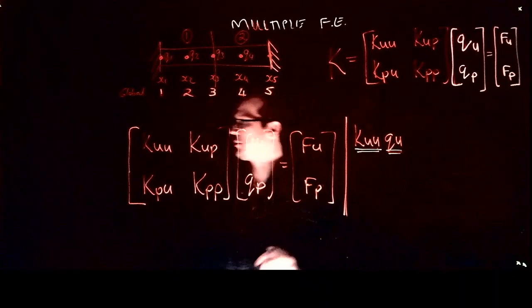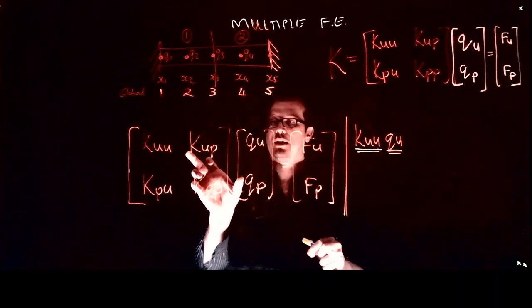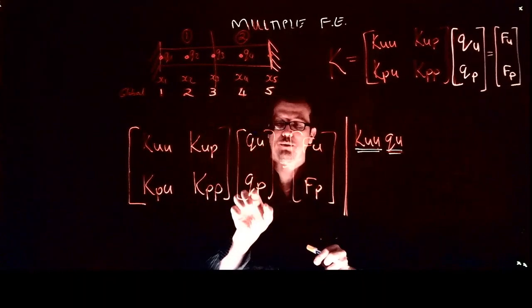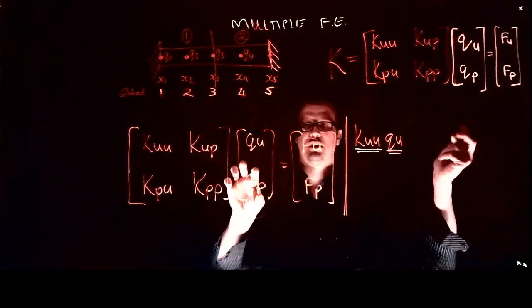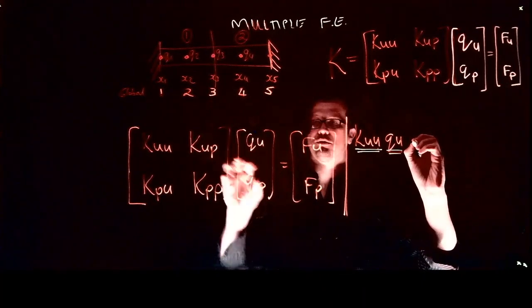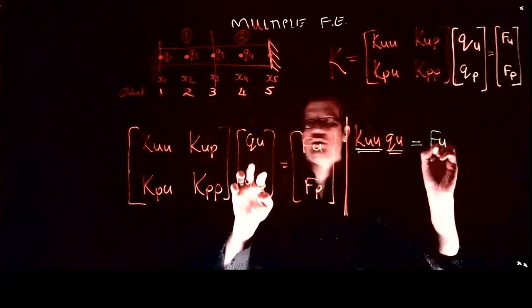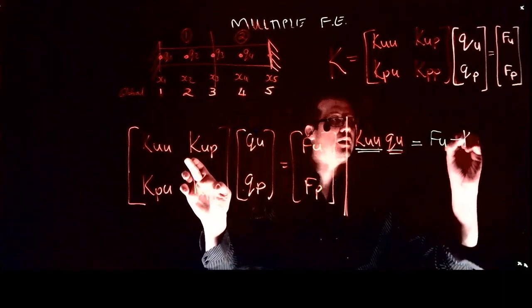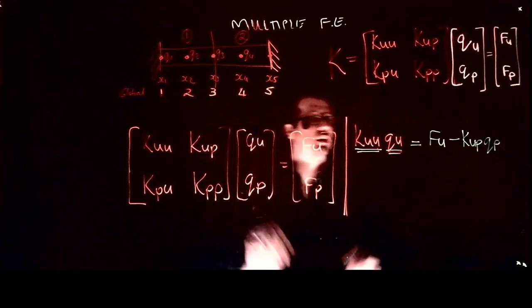Okay, so that's what we have. Next thing is KUP times QP. This is known and this is known. These are all the prescribed displacements, so these are the nodes. So this times this will go towards the other side. I can say this is equal to FU minus KUP times QP. That's it.